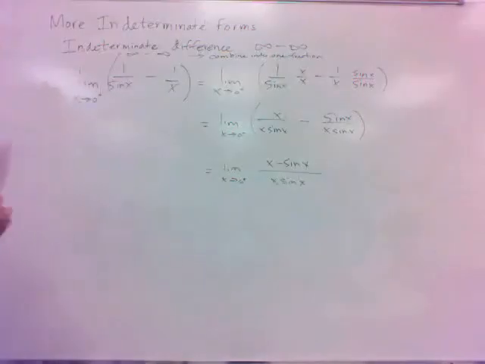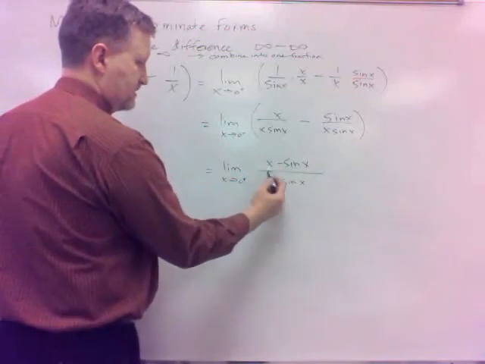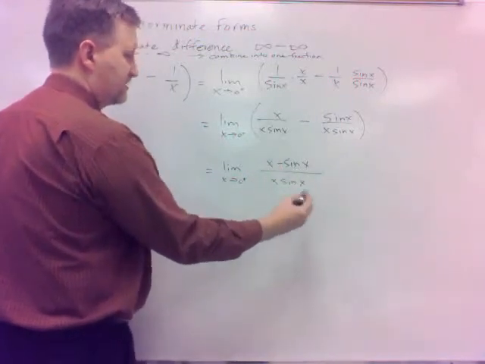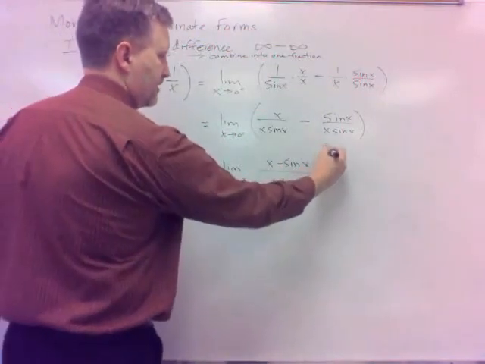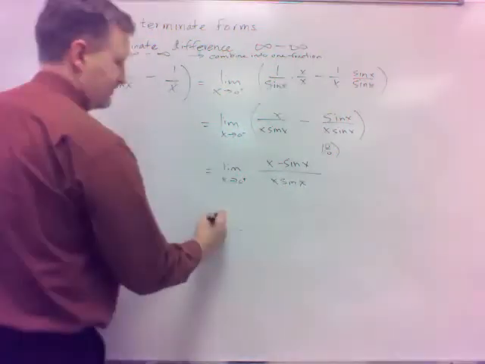Well, the news here is, maybe not that great a news, but it is news. What have I got? 0 over 0. Our old L'Hopital 0 over 0 L'Hopital applicable friend. Okay? I can L'Hopital it.